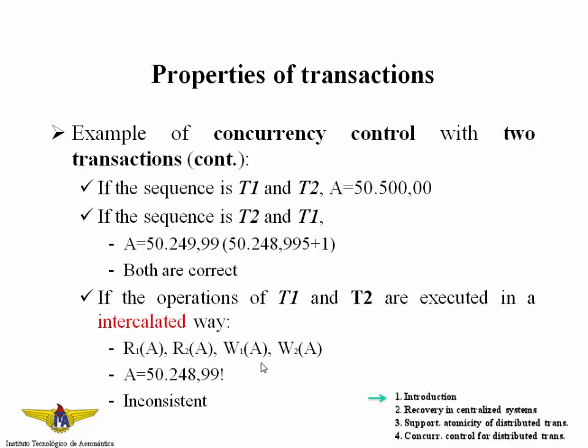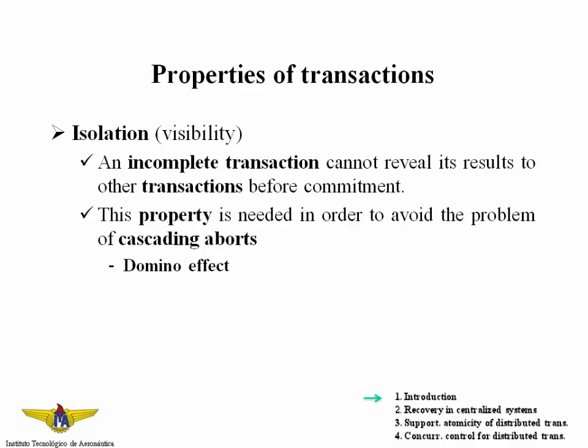Okay, and the fourth and last property is isolation. In isolation, you will say that an incomplete transaction cannot reveal its partial results to other transactions before commitment.